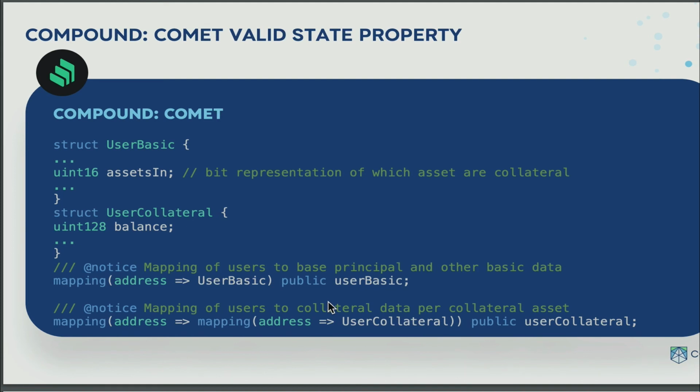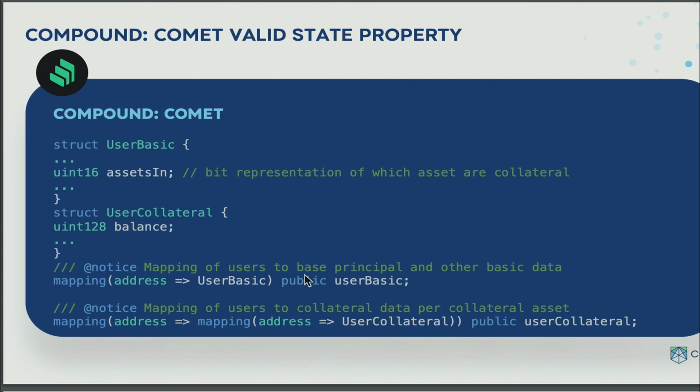There are two main structures. There is one structure for every user that has a bit representation of which asset is a collateral. Each contract, each COMET, has 15 tokens as collateral. So there is a uint16 that just turns on these bits.